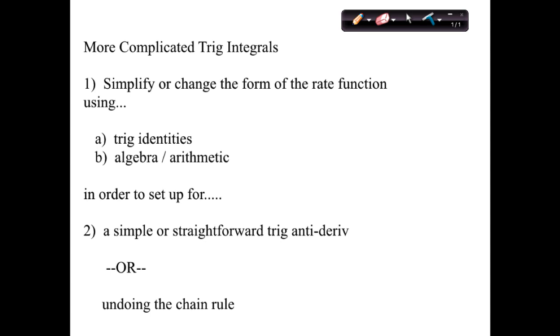Something easy, or you're setting it up, you're staging it for undoing the chain rule. That's what all these boil down to, all right? All these more complicated trig integrals boil down to that. So let's review the trig identities that you're going to need for these, the most important ones.